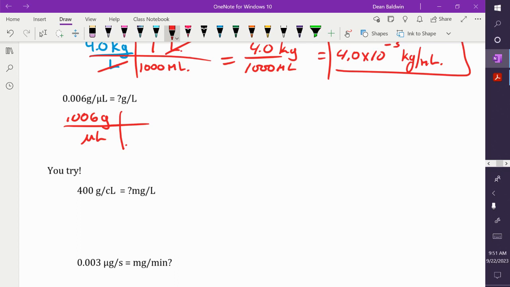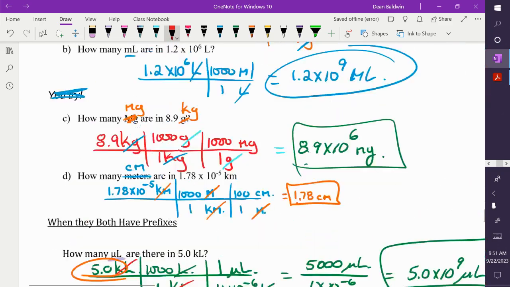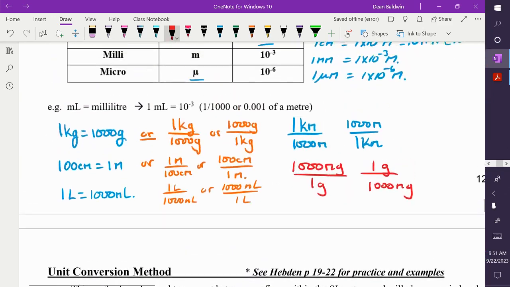What unit do I need to get rid of? What am I changing? Microliters. I want to convert microliters to liters. What's the conversion between microliters and liters? You need to look on your table. Where is it?